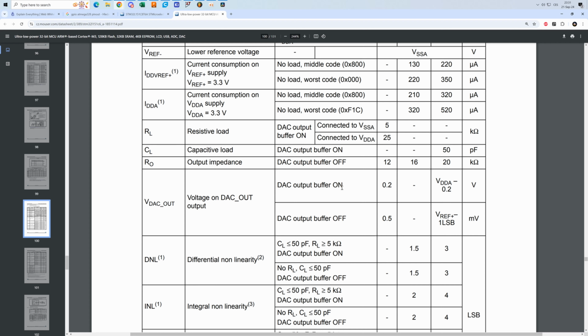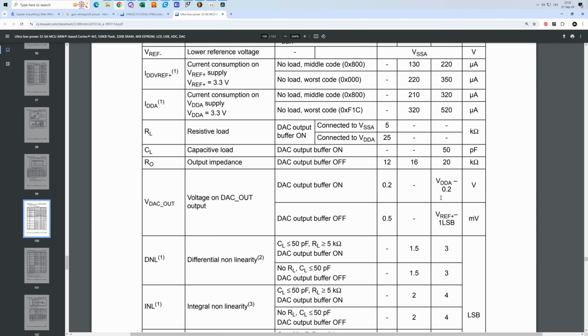However, if we turn the buffer on, well, then the situation drastically changes. It is now only configurable from 0.2 volts to the supply voltage rail minus 0.2 volts.